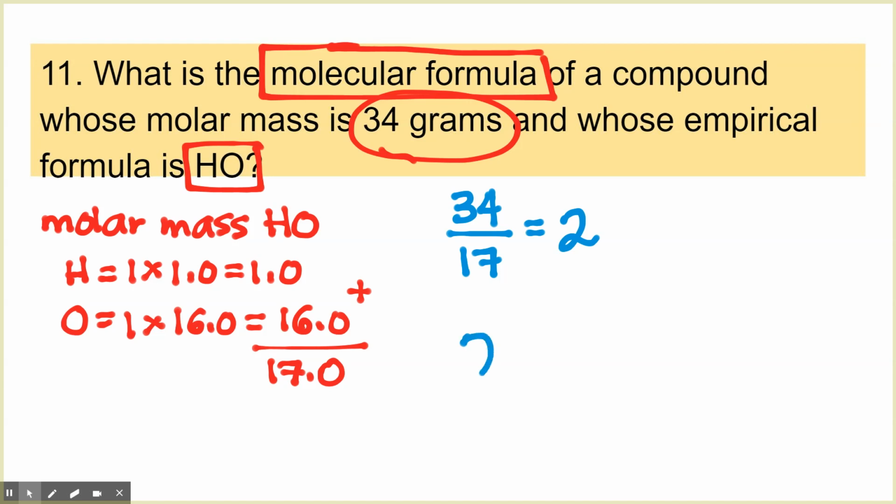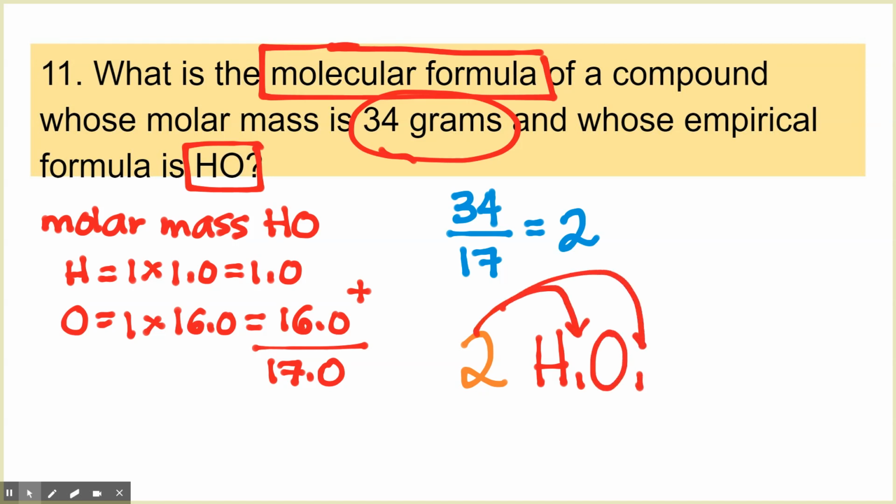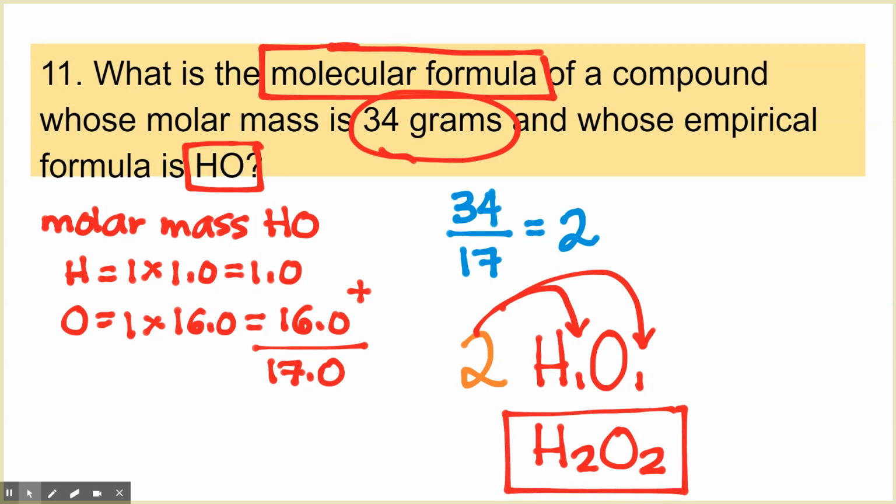This means that the 2 is just a multiple of the formula. The formula is HO, right? So that's H1 and O1, right? So you use that 2 to multiply the subscripts. And what do you get? H2O2. And that is your molecular formula right there. So that's how you do it.